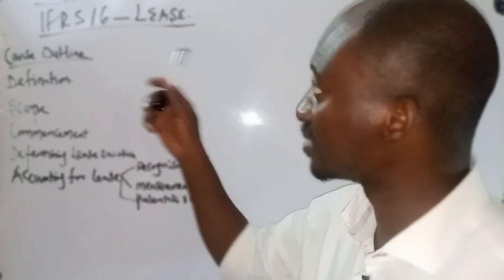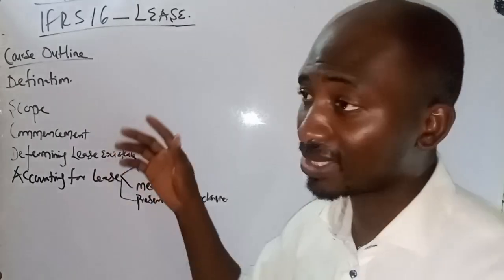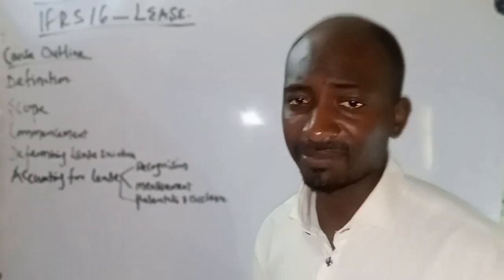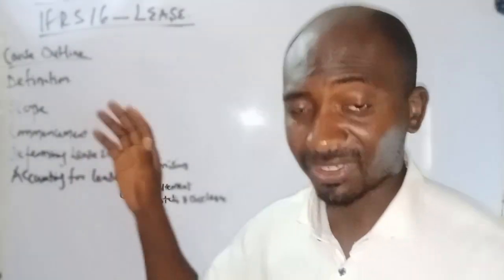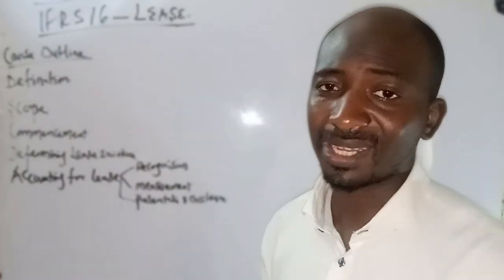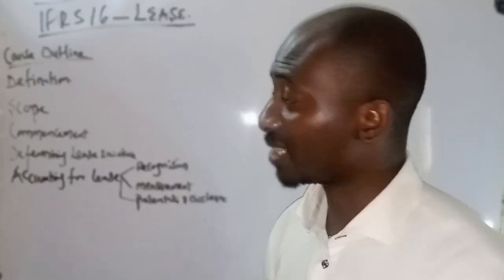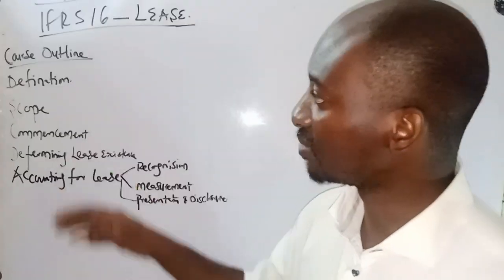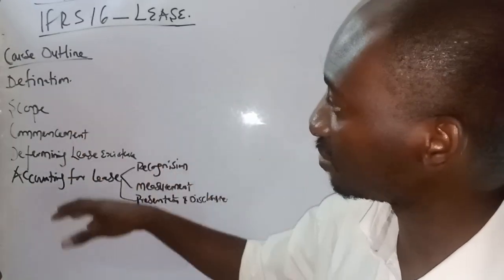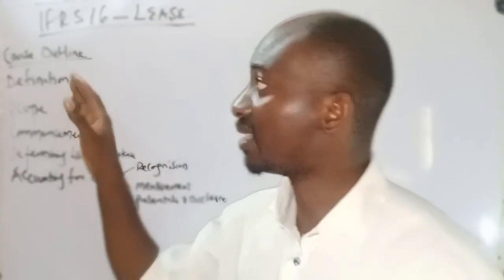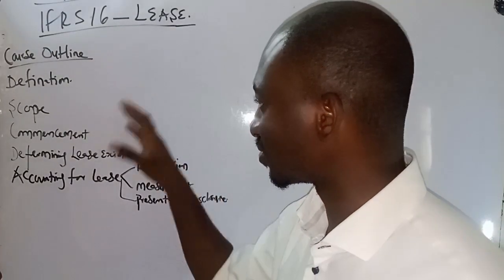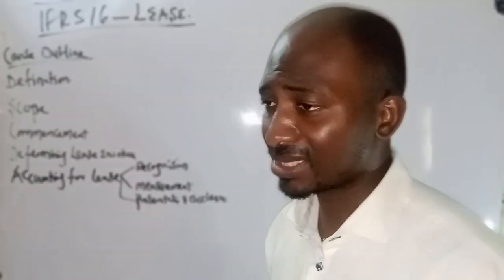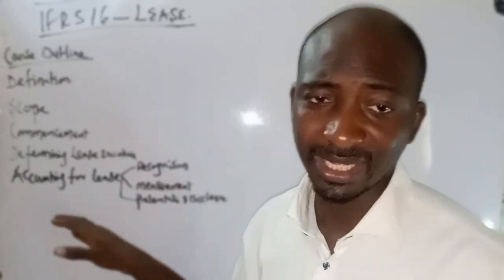Today we'll be looking at one very important standard in financial accounting or financial reporting, and that is IFRS 16, which talks about leases. So quickly we run through the course outline. What we're going to be considering under this IFRS 16 is important to run through so that you can have a basic understanding before we go into the accounting treatment.